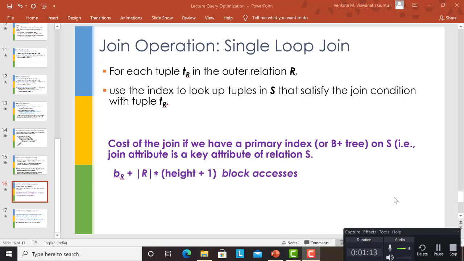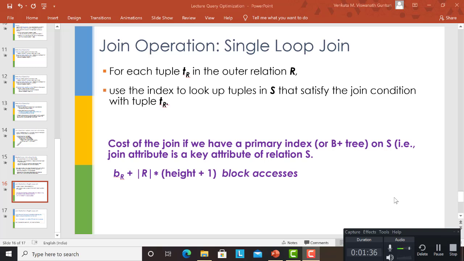Of course, there are some hidden assumptions. I should not say hidden, they're pretty obvious: first of all, relation S should have an index, and the index should be on the attribute which is being considered in the join condition. Otherwise it's no use, right?